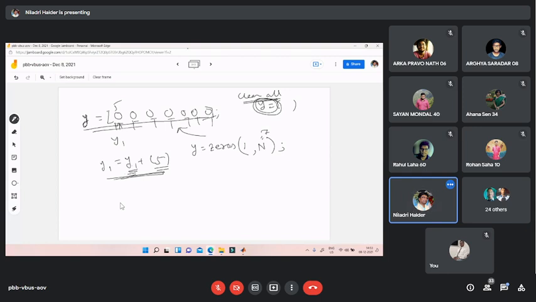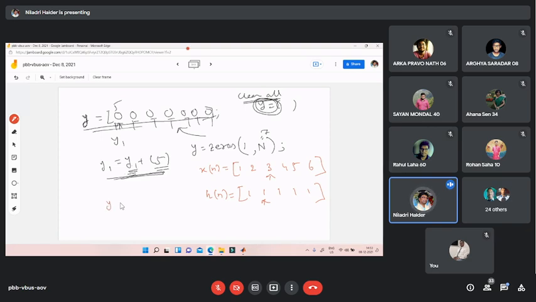After that, whenever you are considering an example, xn is 1, 2, 3, 4, 5, 6, suppose, with a 0th position, and hn is 1, 1, 1, 1, 1, with a 0th position.